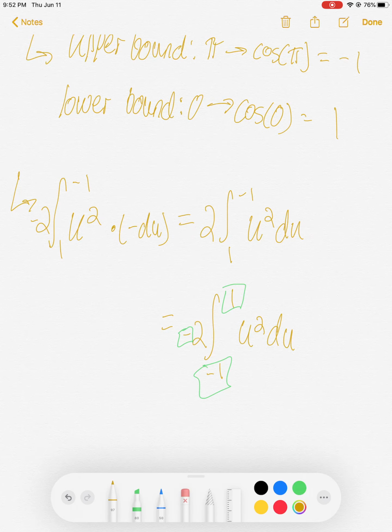This is okay when you have a definite integral. This is okay if you change your bounds on a definite integral. Let me emphasize that, on a definite integral.